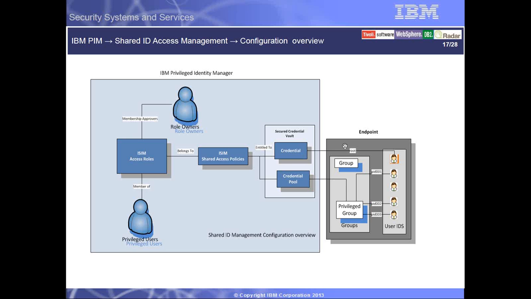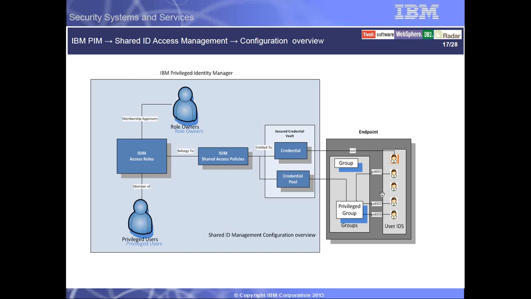Now here you can see you have root as an individual privileged ID, which is a single privileged ID. This can be mapped with a role. You can also create several sets of privileged IDs.